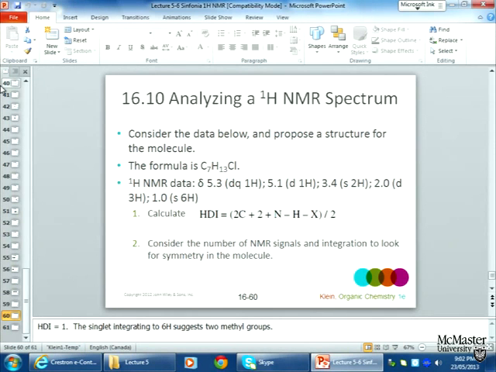That's right, because if I sit on this methyl group, I have 1 neighbor, it's got to be a doublet. So I've got a propenyl group, I've got 2 methyl groups attached to what must be a quaternary carbon, and I've got a chlorine. Any other bits? Ah, yes, 3.